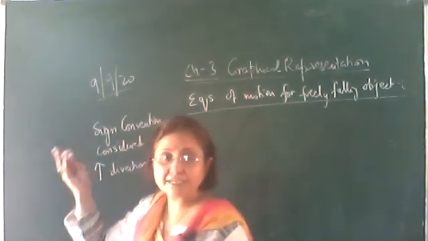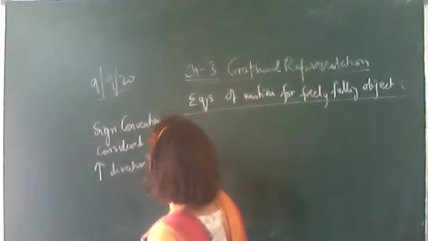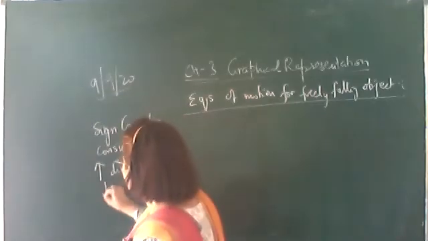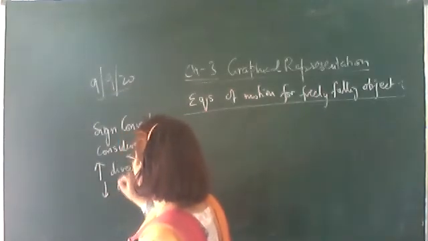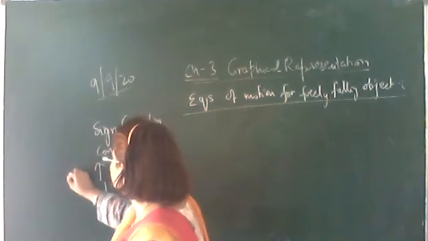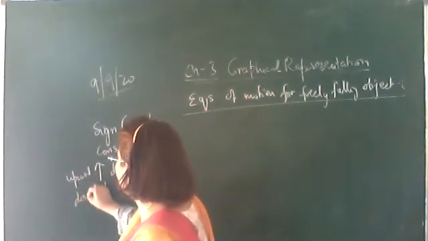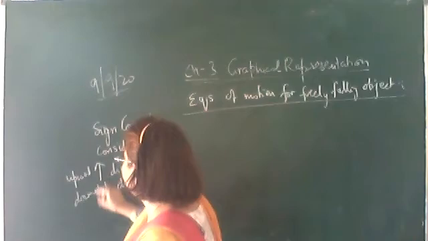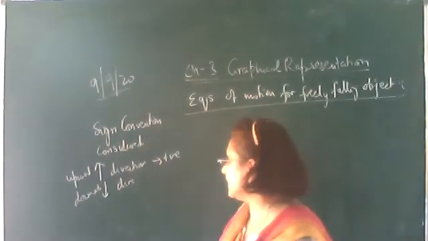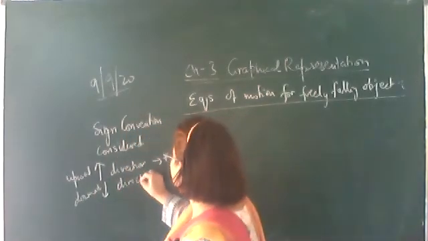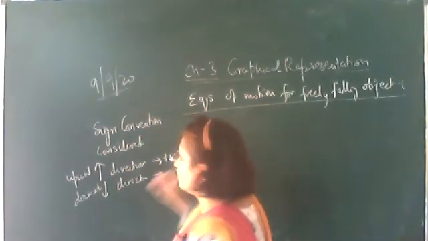Like positive y-axis will be taken as positive and negative downward direction. This is upward, and this is the downward direction. So downward direction will be considered to be negative.